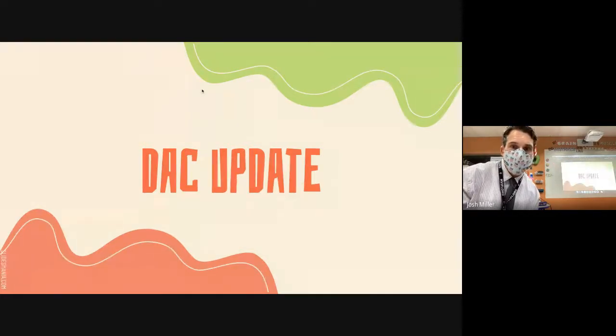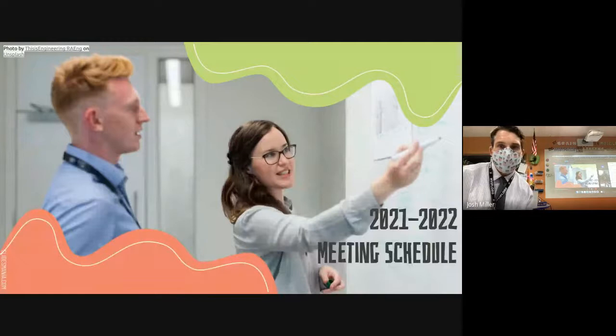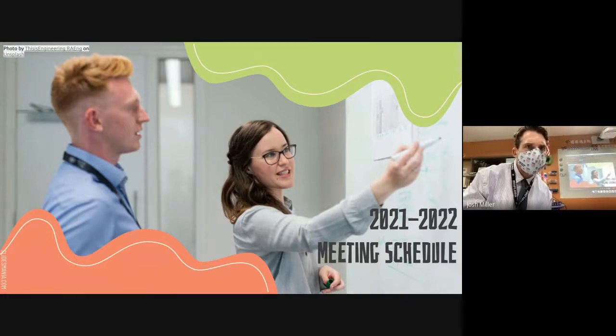All right, so from there, just the meeting schedule. We meet 4 times a year, and so now is a great chance to get out your calendars. We typically like to meet on the same night as PSP, so that our members coincide. Our next meeting here will be in November, November 16th.